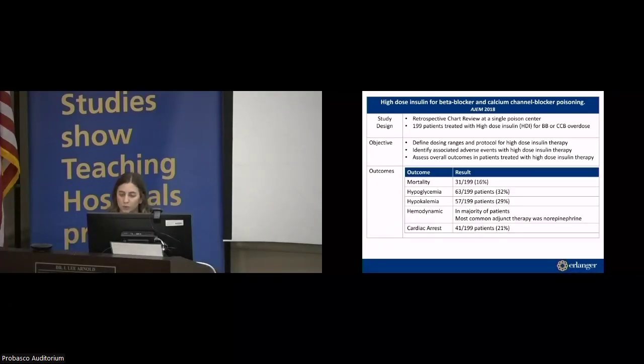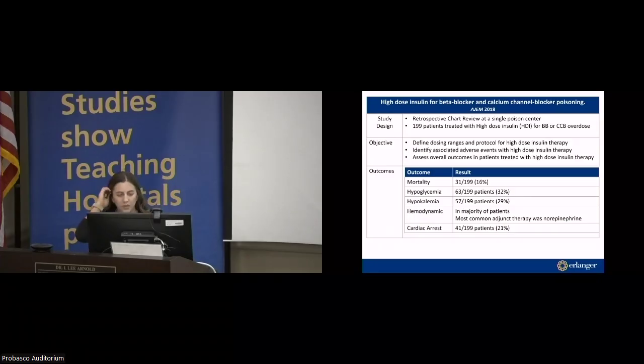This was at a single poison center, but it was one that spanned over 2 states. Their objective was to define dosing ranges and protocol for high dose insulin therapy, identify associated adverse events that came along with giving high dose insulin therapy, and then assess overall outcomes in patients treated with high dose insulin therapy.